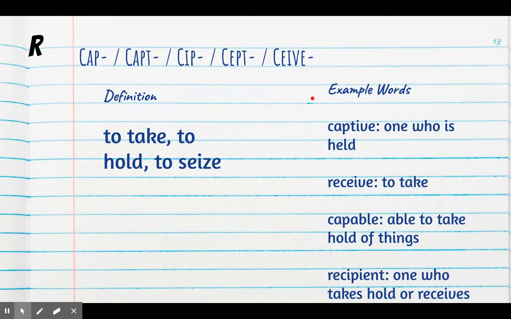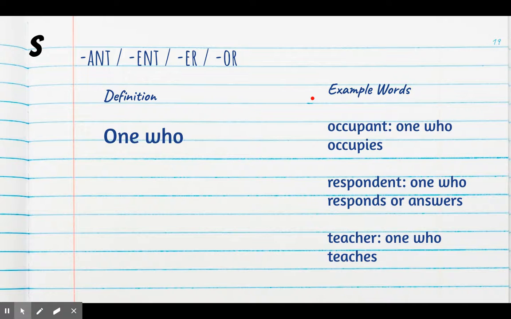And then lastly, we have a set of suffixes. Ant, or, and this denotes one who. So when you see this at the end of a word, you're going to assume that it means one who does whatever the beginning of the word is. So maybe it's a root word, or maybe it's a prefix and a root word, but it's one who does whatever that thing is.